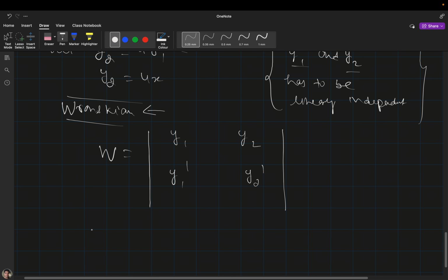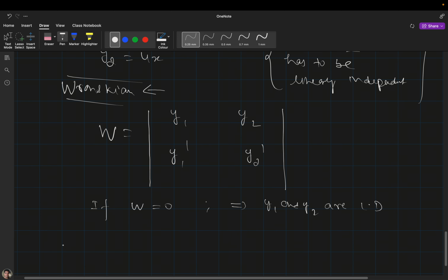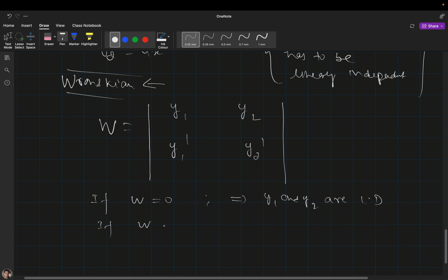If W equal to 0, which means that the Wronskian is 0, then y1 and y2 are linearly dependent, and if W is not equal to 0, then y1 and y2 are linearly independent.